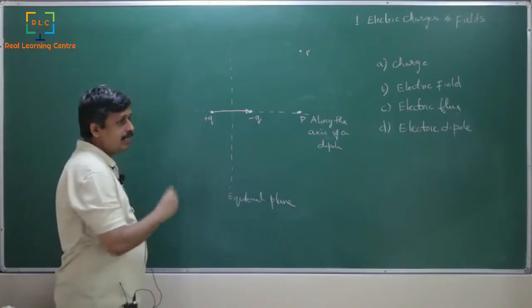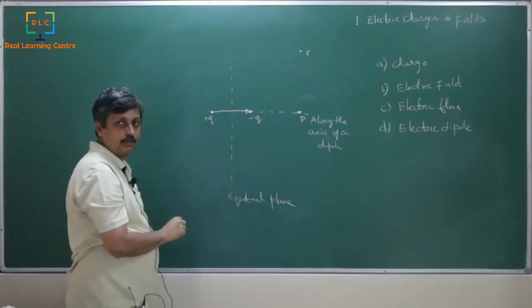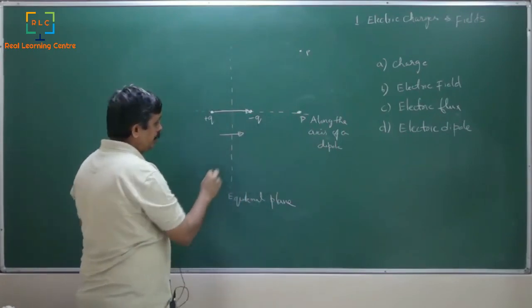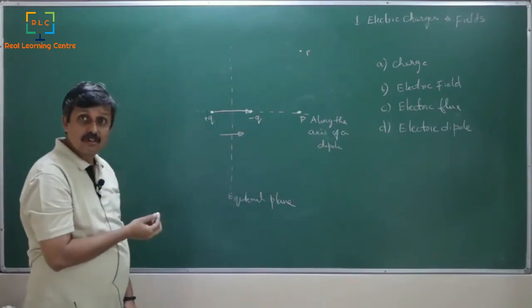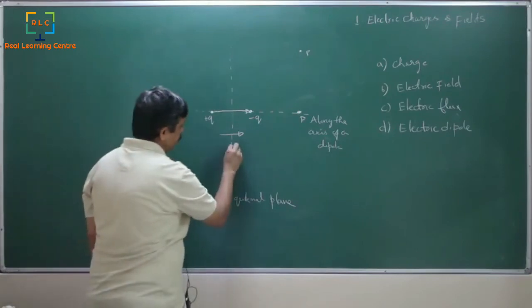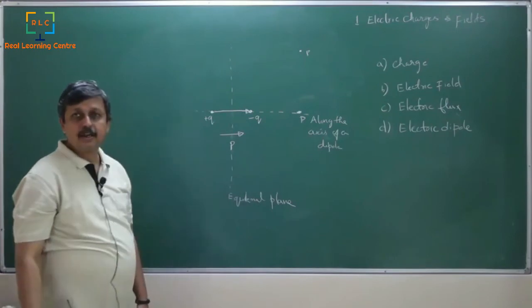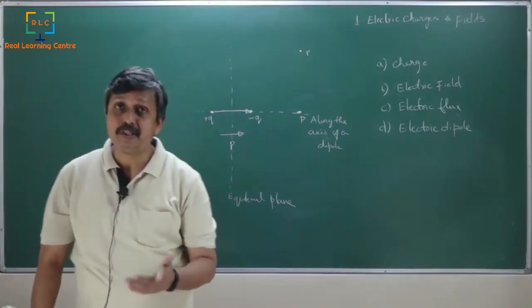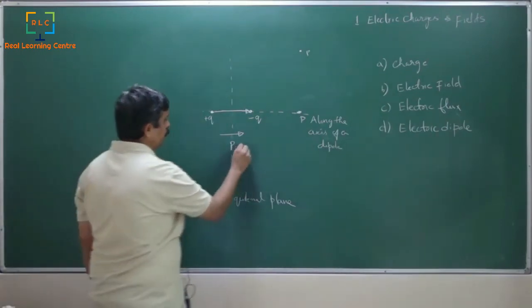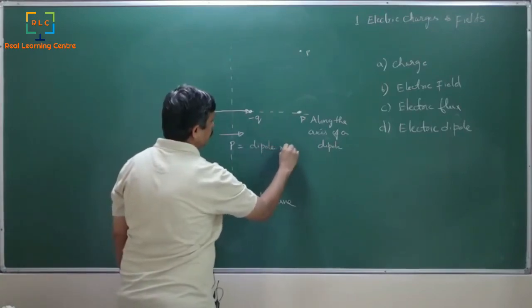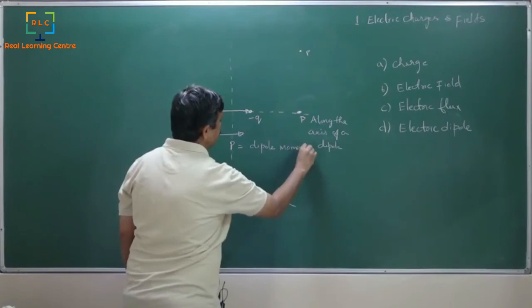Whatever direction this arrow is showing, I will basically call the direction of P, something called P. Okay, and I am going to define P as dipole moment. So we are going to do that in the next session in a little more detail.